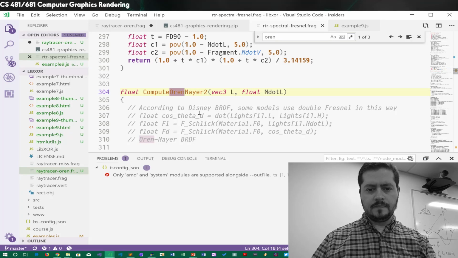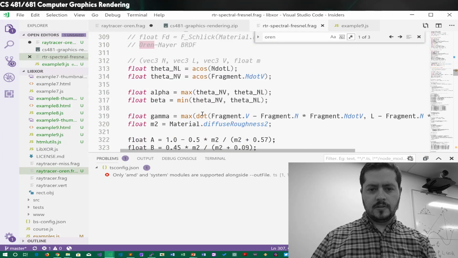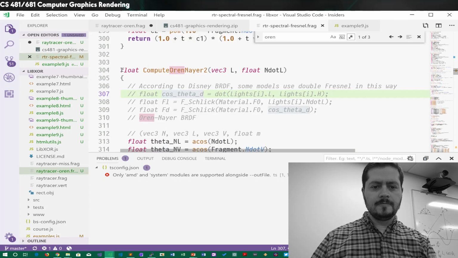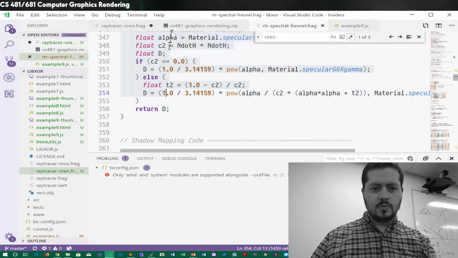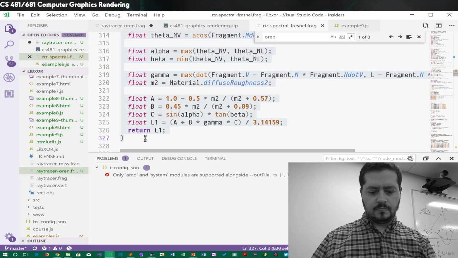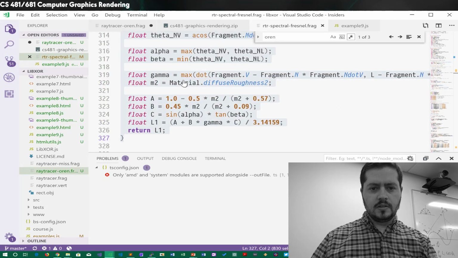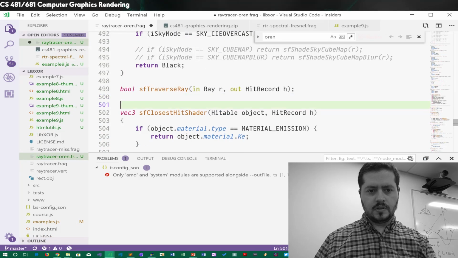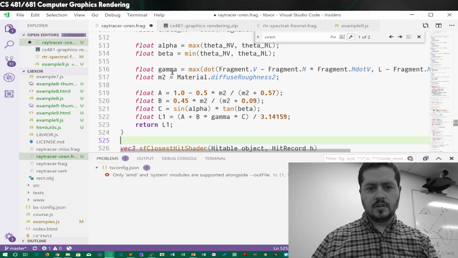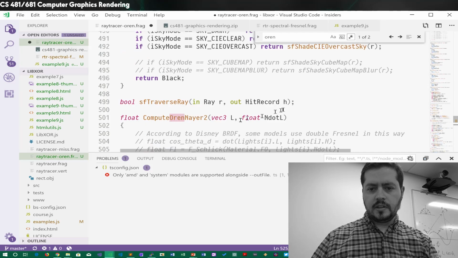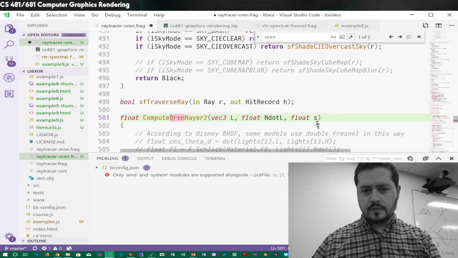Okay, I'm going to copy this. I need to pass in a roughness value. Float S.